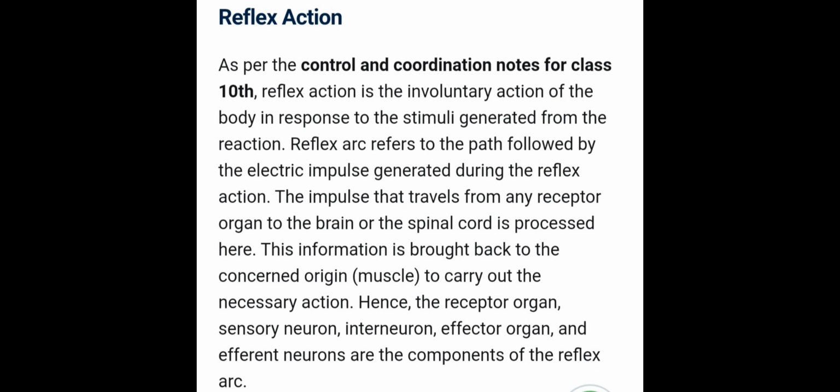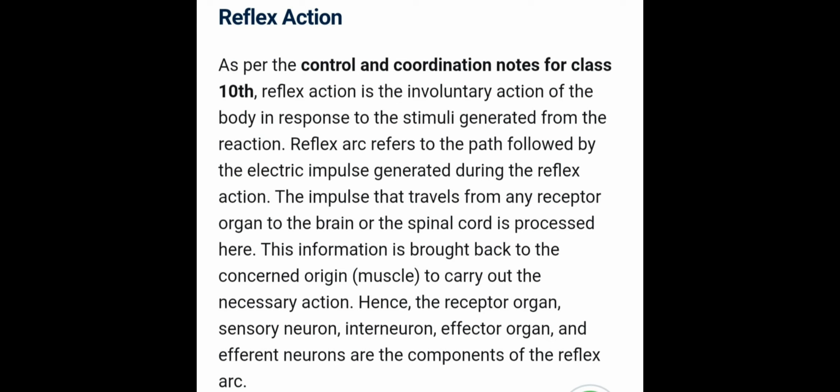Next is reflex action. We already know about reflex action, but how the brain responds to reflex action and what is included in the reflex arc. Reflex arc refers to the path which is followed by the electric impulse generated during the reflex action.